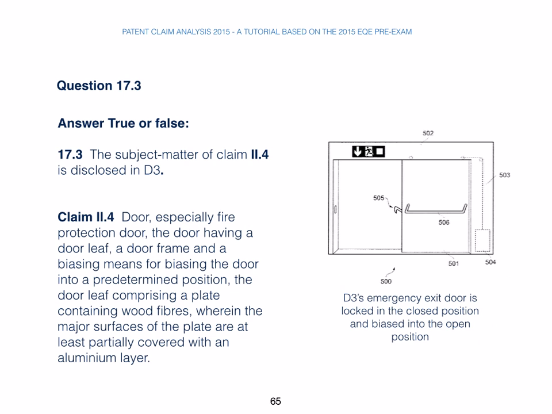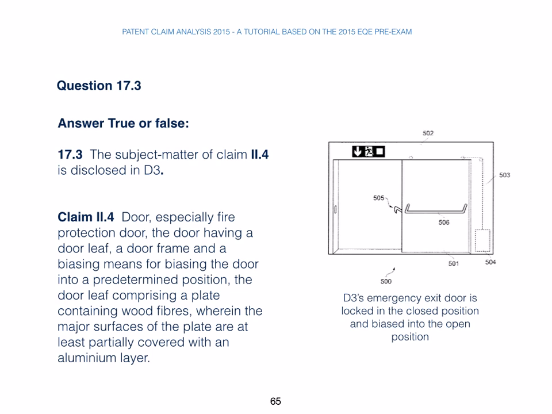Here the question is, answer true or false. The subject matter of claim 2.4 is disclosed in D3. We see the figure of D3 there. And here we have claim 2.4.